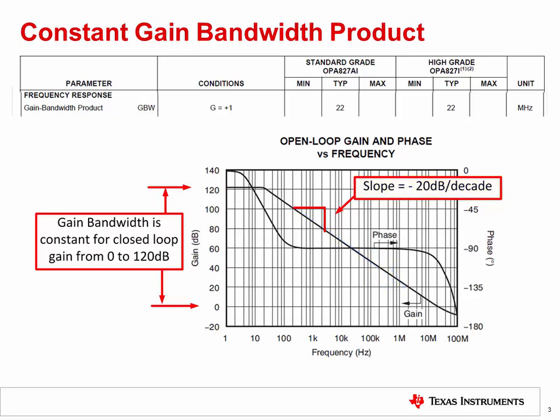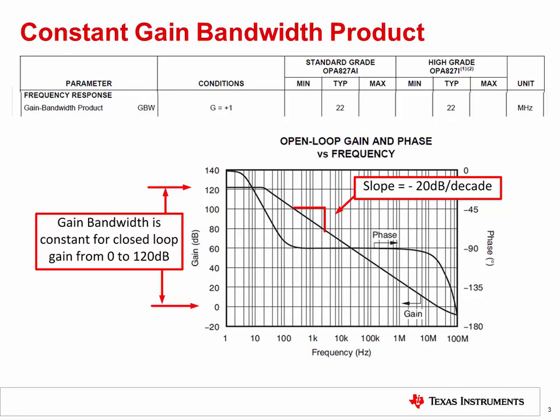Notice that for the OPA827, the slope of AOL is constant until we cross unity gain. Therefore, the gain bandwidth product is constant for closed loop gains from 0 to 120 dB. While it is common to have open loop gain curves decrease at a constant rate of 20 dB per decade, it is not always the case.